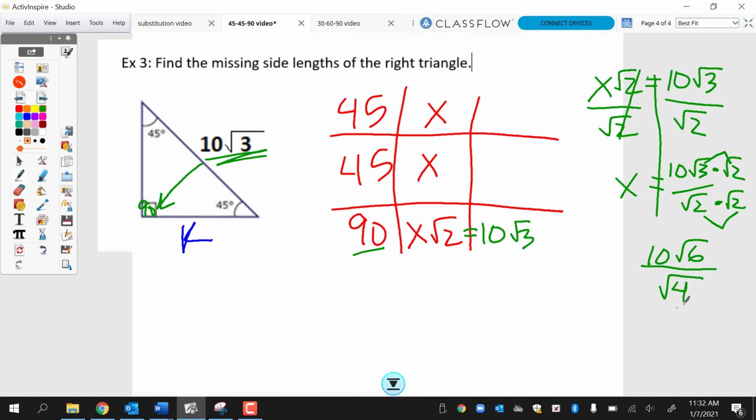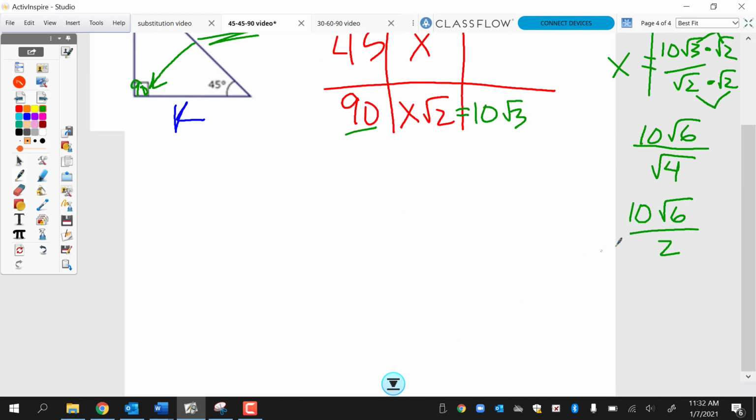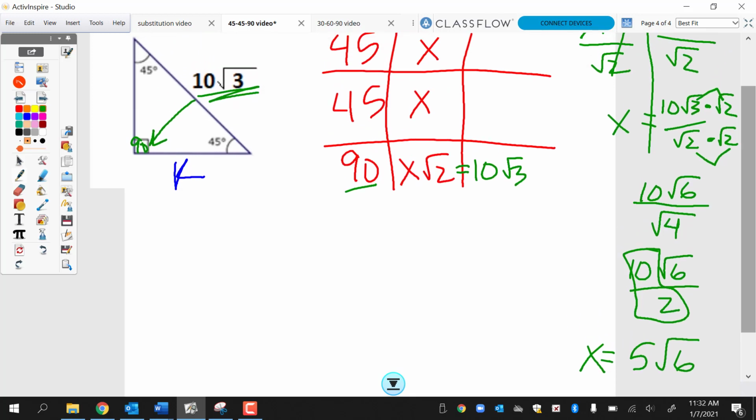I know the square root of 4 is a whole number. It turns into a 2 over 2. And then I'm checking, can I simplify 10 divided by 2? I would type that in the calculator. And yes, 10 divided by 2 is 5. And that's square root of 6. Okay. So that tells me x is 5 square root of 6.